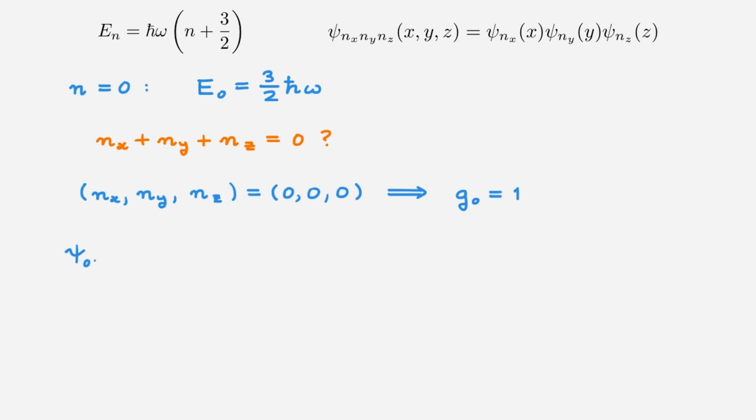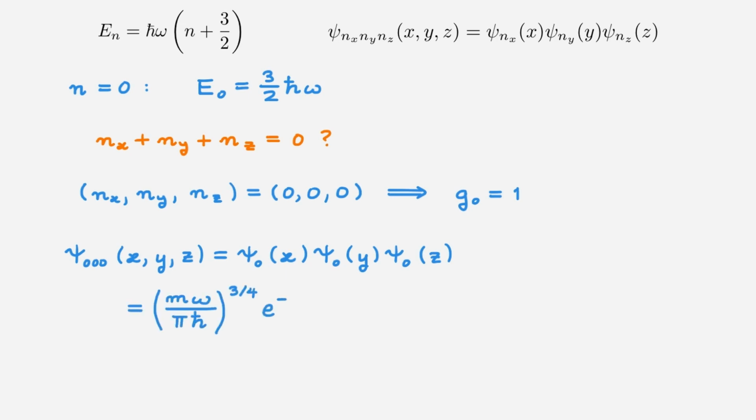We can easily construct the corresponding wave function, which is simply given by the product of the ground state wave functions along x, along y, and along z. Remembering that the ground state wave function of the one-dimensional quantum harmonic oscillator is simply a Gaussian, we can write this full wave function as equal to this combined prefactor times this Gaussian.